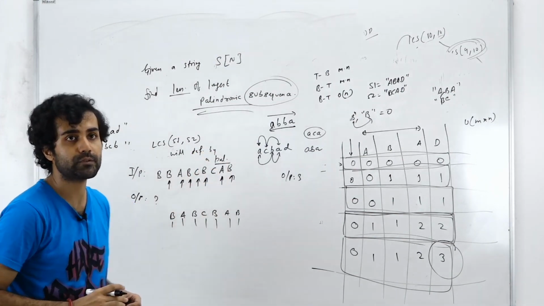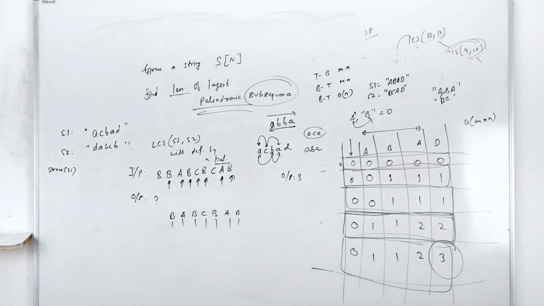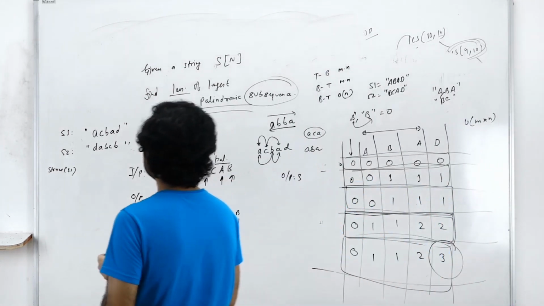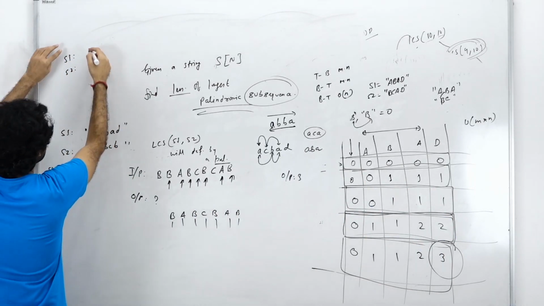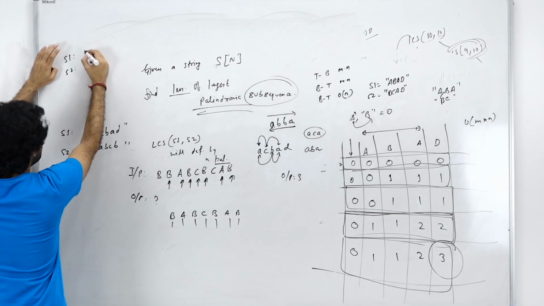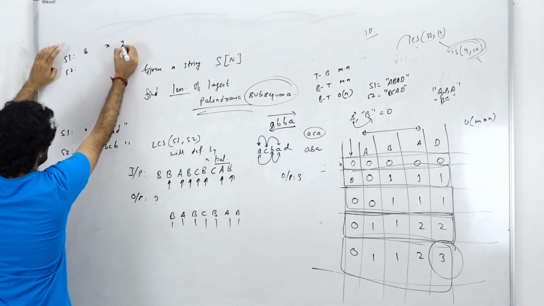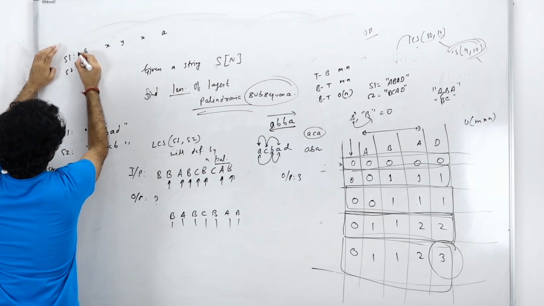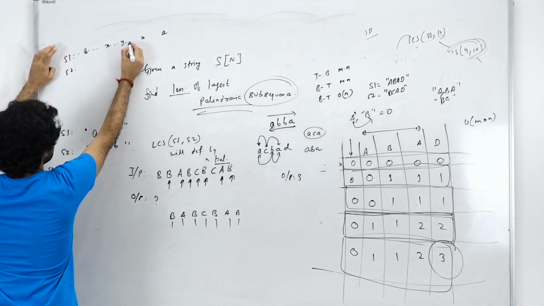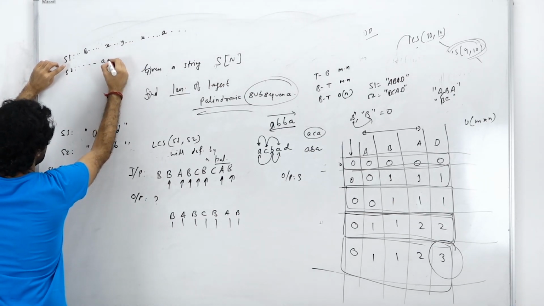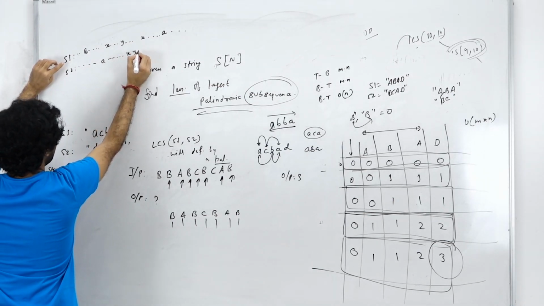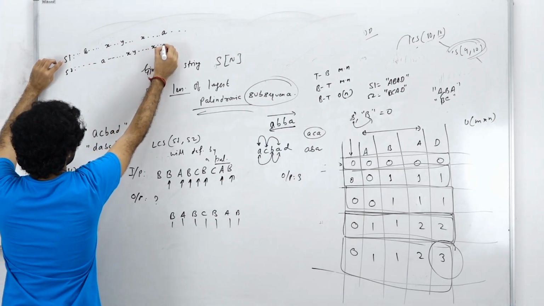Can I say that? Yes or no? Can I say that will be a palindrome? It will be. Why? Because just imagine that there is a string S1, okay, and you created a string S2. Now if there is a common subsequence, let's say that common sequence is A, X, Y, X and A, and there were certain characters in between, okay, and let's say here this A came here and this X came here, Y came here, X came here and then A came here.